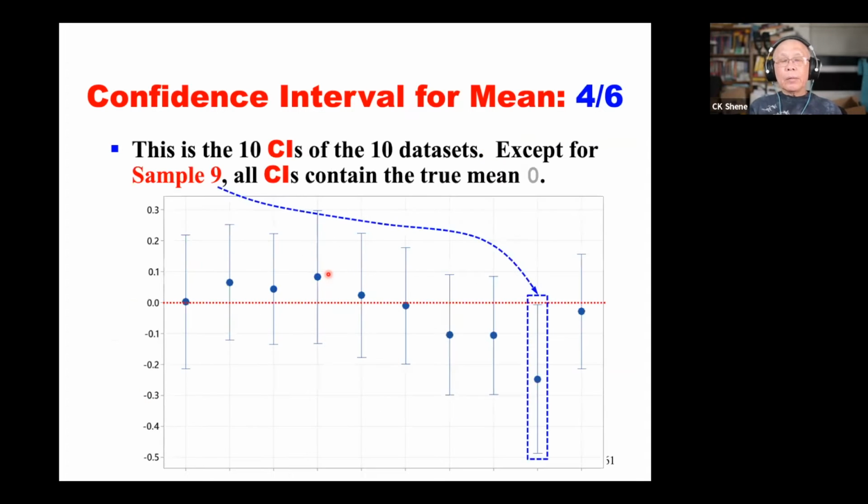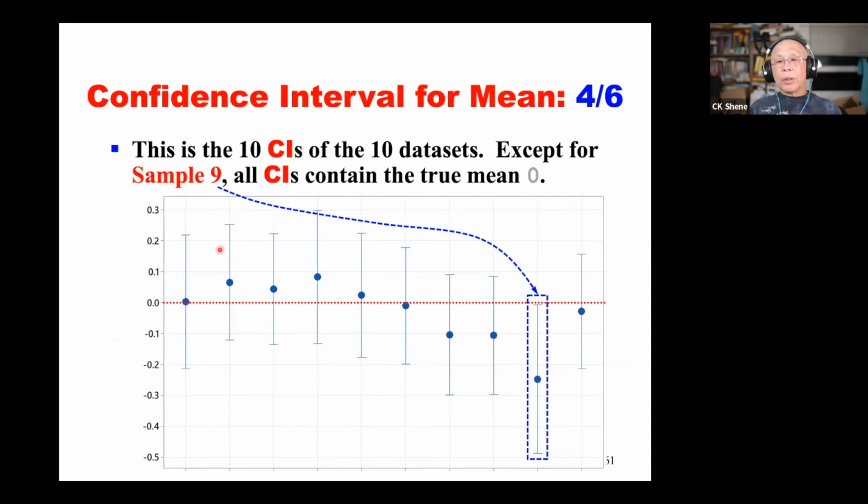Now look at the confidence intervals of the 10 samples. Sample 1, 2, 3, 4, 5, 6, 7, 8, 9, 10. So this is a confidence interval of the sample mean, and this is the lower bound of the CI, upper bound of the CI.